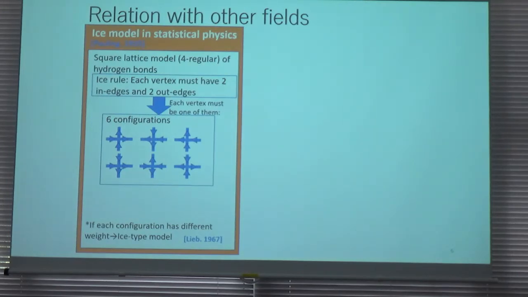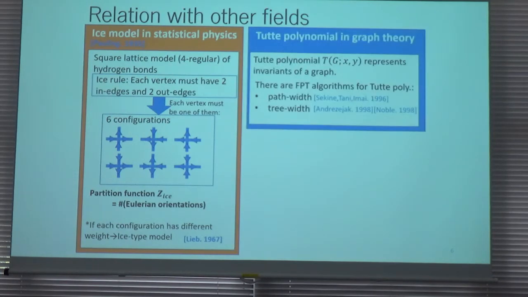So in the model, every vertex must contain exactly 2 incoming edges and 2 outgoing edges. And the partition function of the ice model corresponds to the number of Eulerian orientations in this problem. And the Tutte polynomial is a two-variable polynomial which describes the graphs.